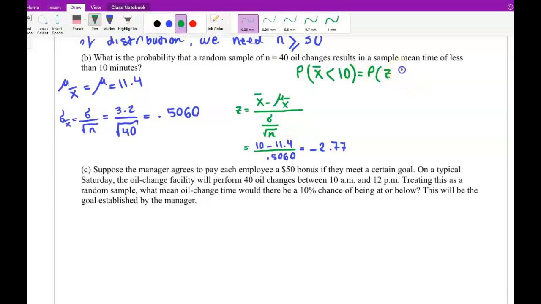So now we have z less than negative 2.77. Using the table, the answer is 0.0028.